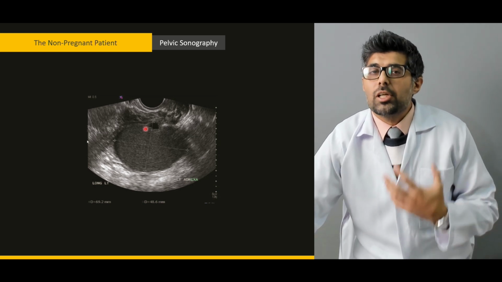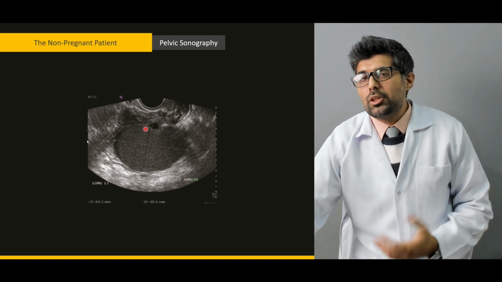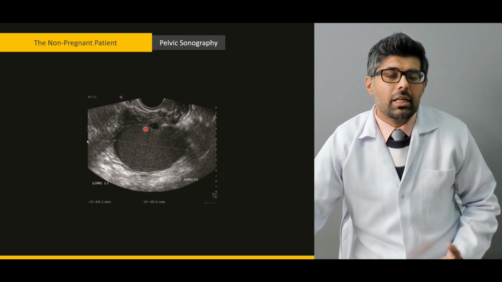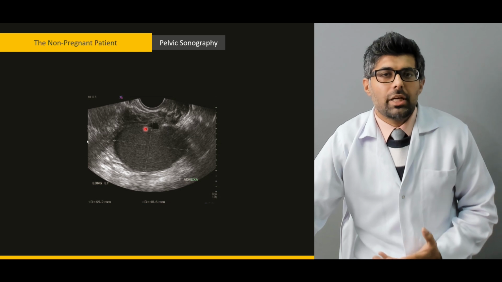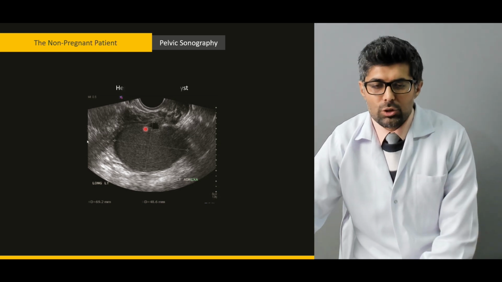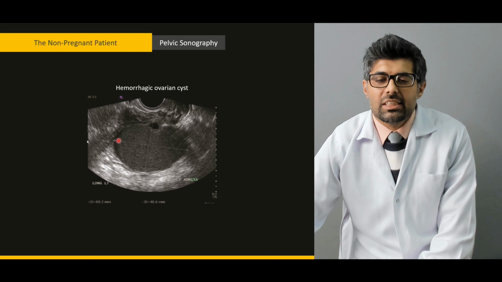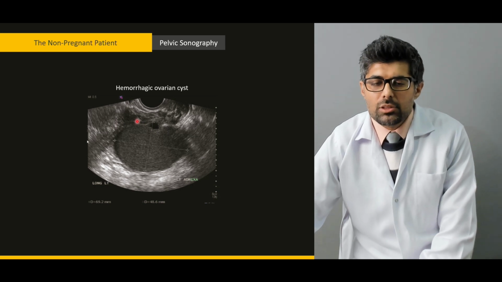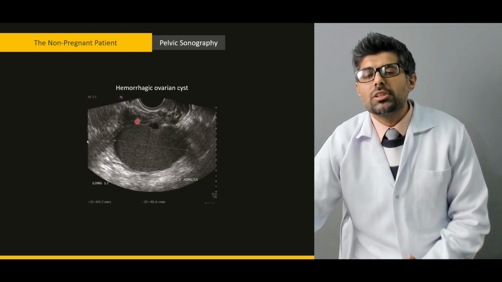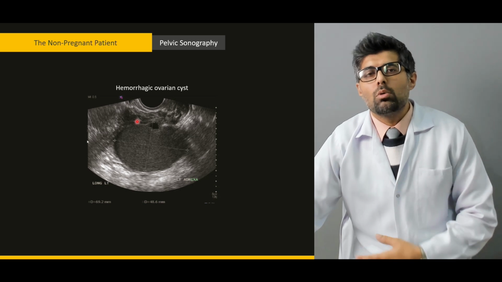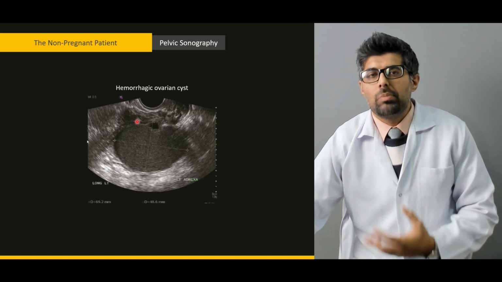They must be dealt with immediately because they result not only in vaginal bleeding, they might result in death. So this is a very typical example of a normal functional cyst developing into a hemorrhagic one due to bleeding.